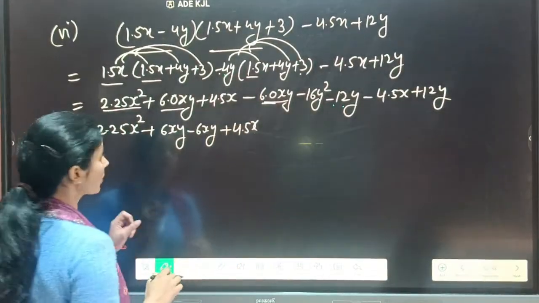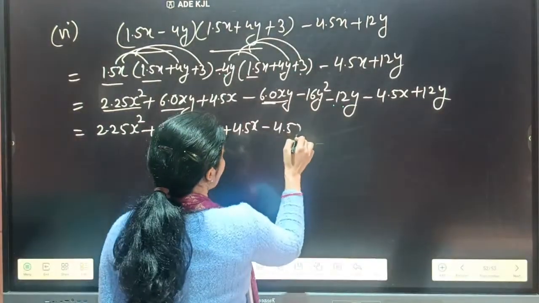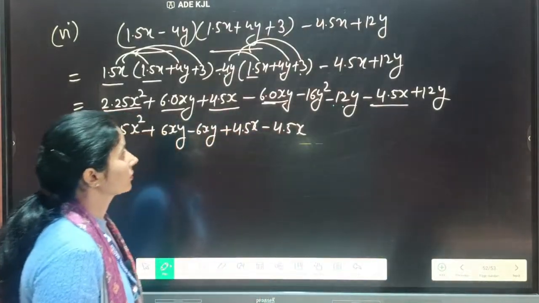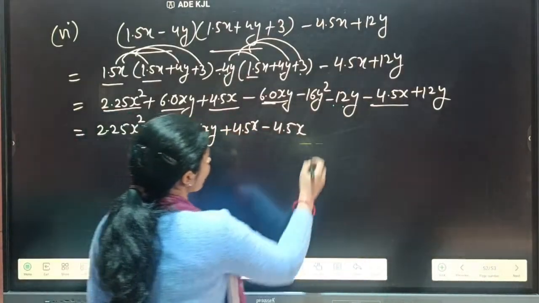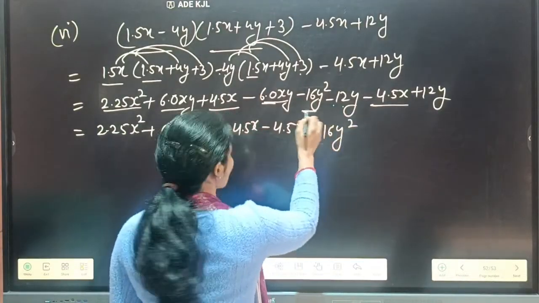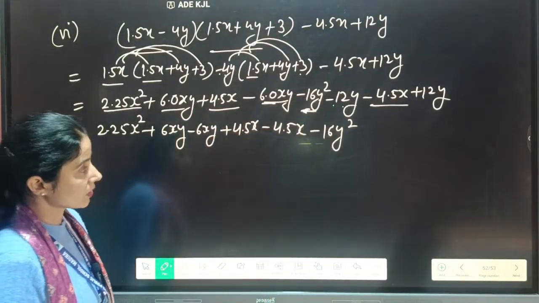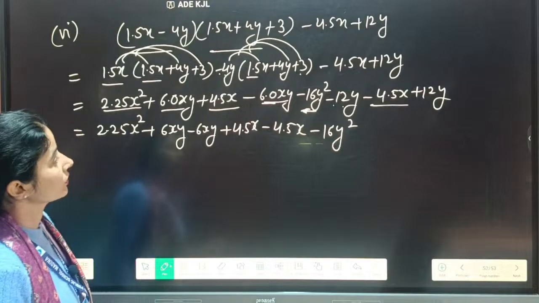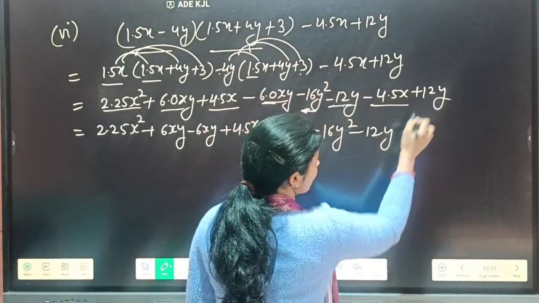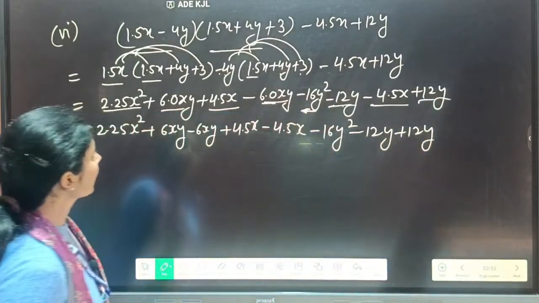Any other term which contains just x, this is minus 4.5x. Next is minus 16y square. Any other term which contains y square? There is no term which contains y square. So we can write this term as it is. Next is minus 12y, and this is plus 12y. So all terms we have written, I think.